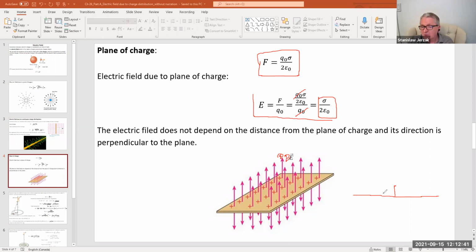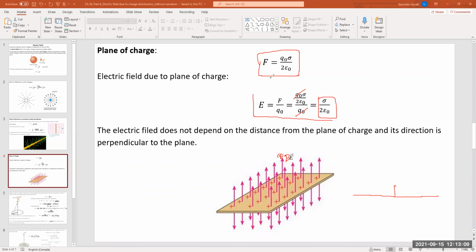Of course, in practice, when the plane of charge is finite, the electric field depends on the distance, but the expression is very complicated. So we will be using this approximation that the plane is much, much larger in size than the distance of the point from the plate. Okay. So any questions so far?